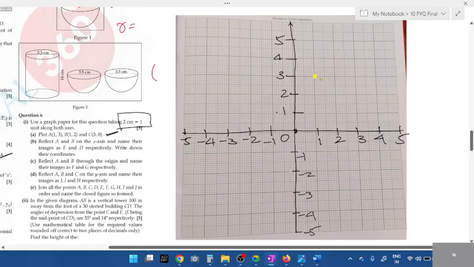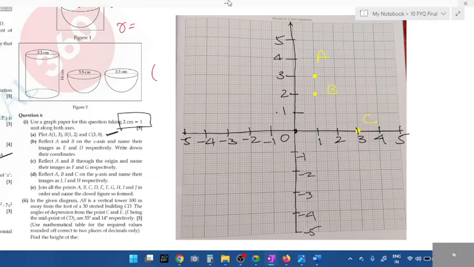Next, B is (1,2). And C is (3,0). (3,0) is on which axis? The x-axis. Look at this A, B, C. All of you plotted A, B, C. Done? Yes, there are 5 points, students: A, B, C, D, 5.